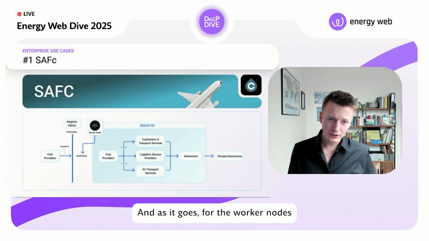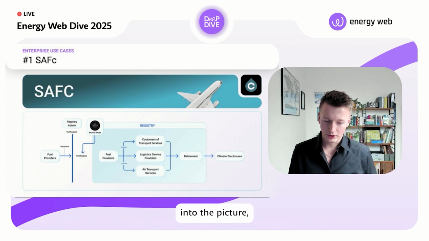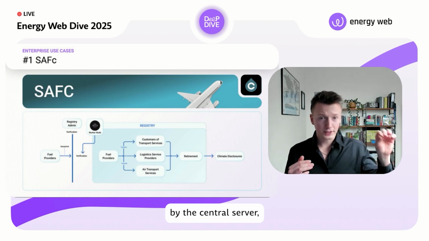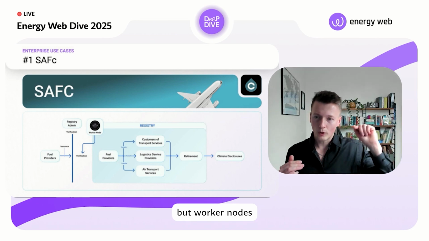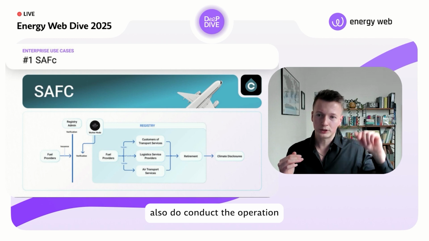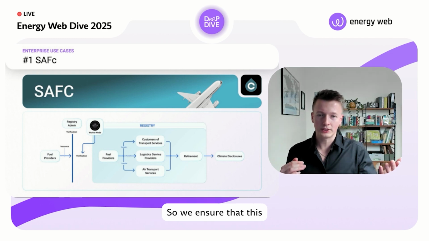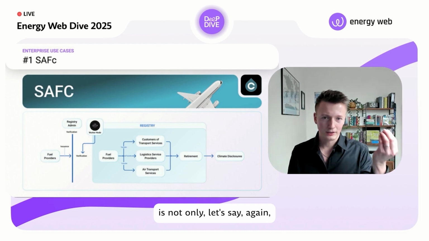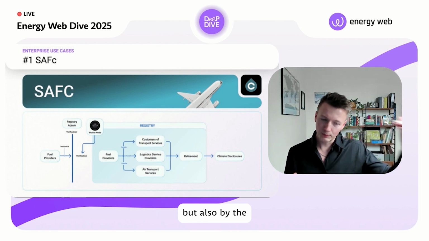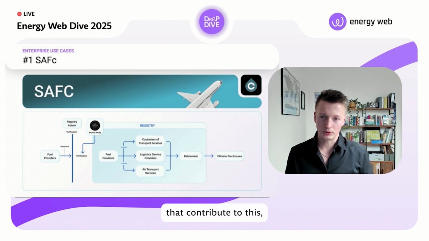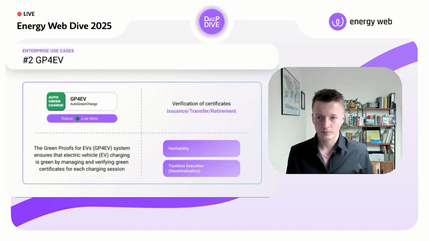As for the worker nodes in the picture, any of those operations are not only confirmed by the central server, but worker nodes also conduct the verification of those operations. So we ensure that this is not validated by a single party only, but also by dozens of worker nodes that contribute to this ecosystem.